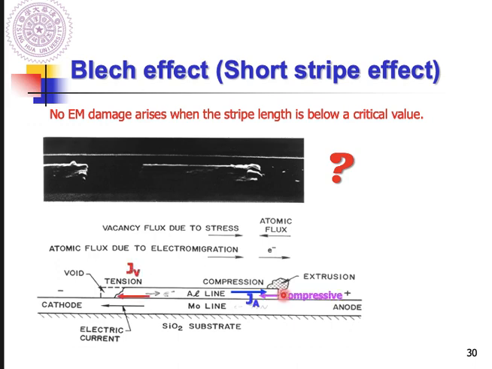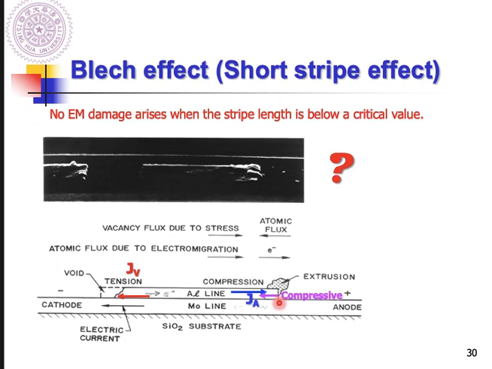Okay, so some people will probably ask, based on this idea, when the line is below the critical line length, you are not going to observe this void formation and extrusion.